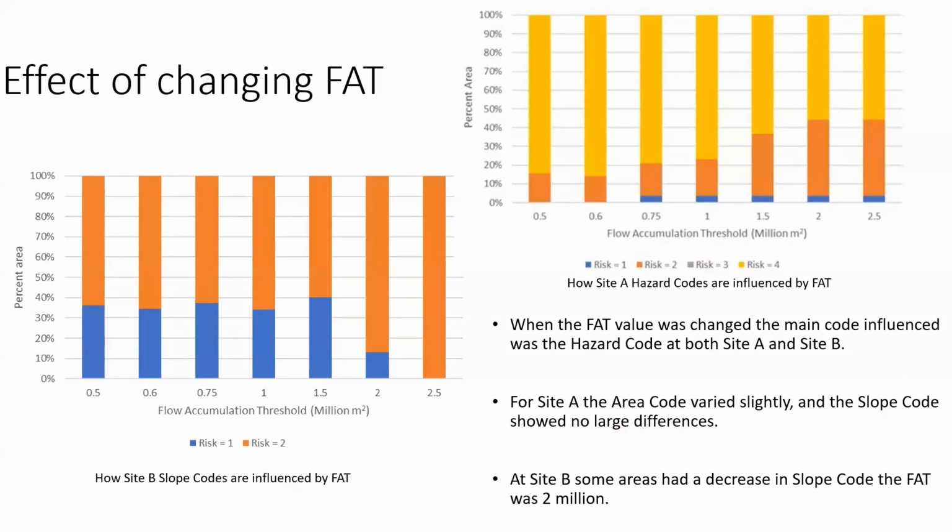So there's a bit of an error there. And then at site B, I noted that there was some decrease in the slope code when the FAT was over about 2 million. At that point, there were only 2 catchments being mapped.